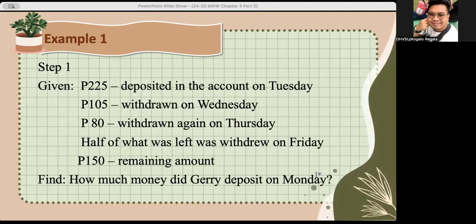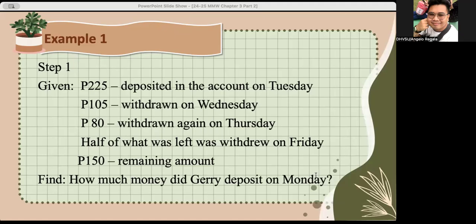Nag-deposit siya ng 225 nung Tuesday, nag-withdraw siya ng 105 nung Wednesday, another 80 nung Thursday, and then kalahati nung natira noong Friday, at ang natitirang balance na lang niya is 150.